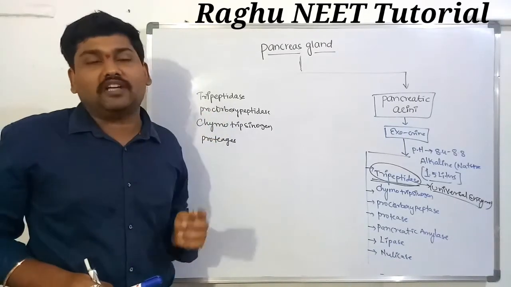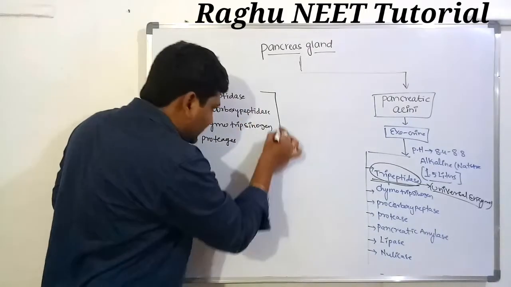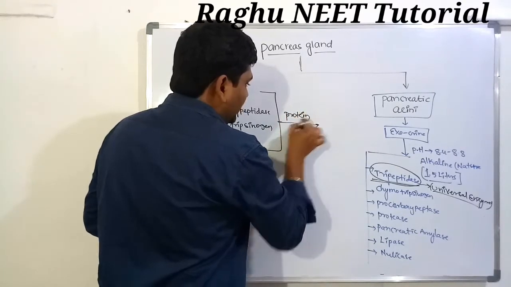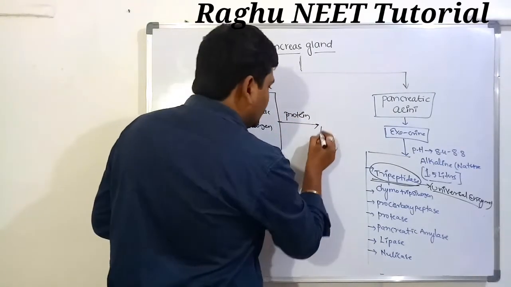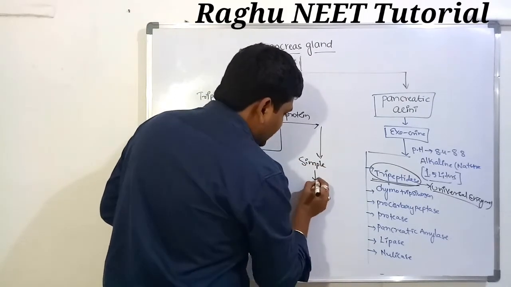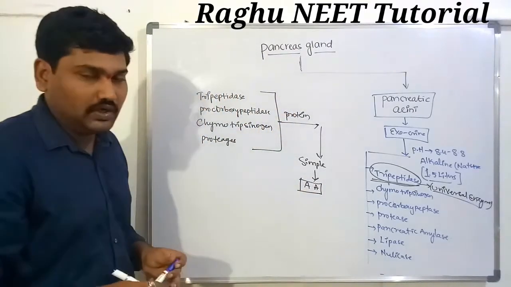These four enzymes are acting on protein molecules and convert them into simple amino acids. How is it possible?